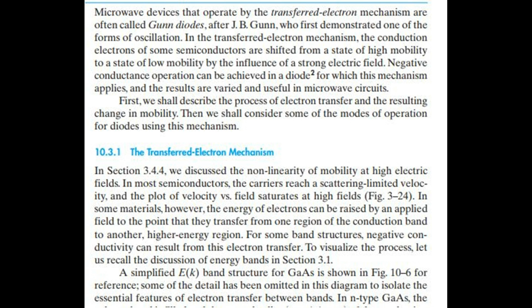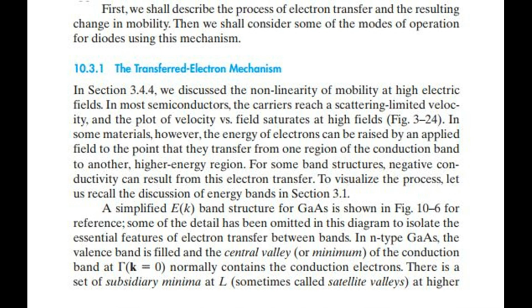In N-type gallium arsenide, the valence band is filled and the central valley, or minimum, of the conduction band at K equals 0 normally contains the conduction electrons. There is a set of subsidiary minima at L, sometimes called satellite valleys, at higher energy, but these minima are many kT above the central valley and are normally unoccupied.